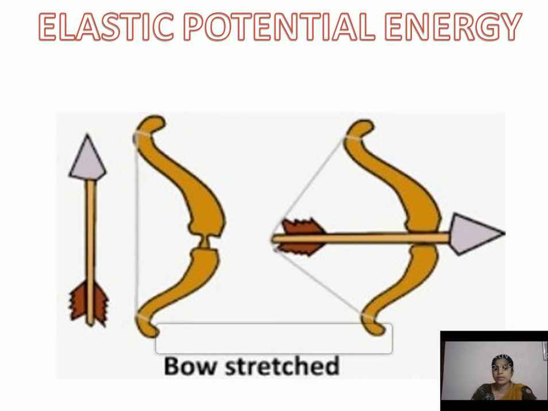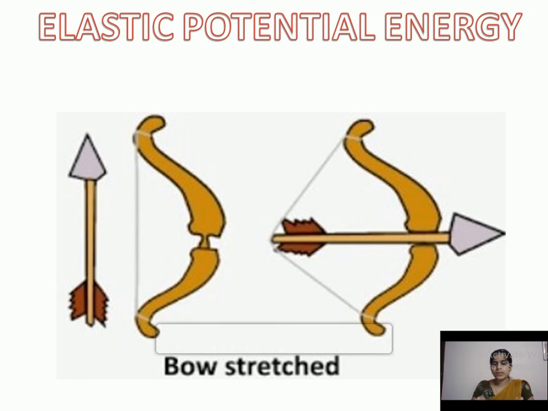In terms of potential energy, the equilibrium position could be called the zero potential energy position. There are some special equations for springs that relate the elastic potential energy to the amount of stretch and the spring constant. These we will learn in the higher classes. Okay, so this is elastic potential energy.